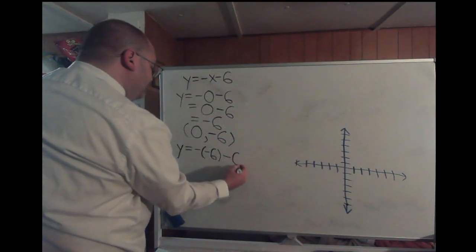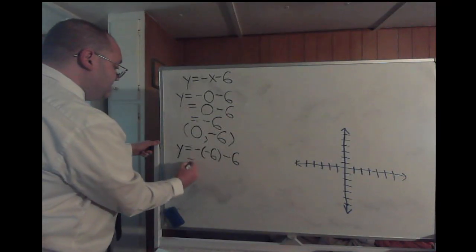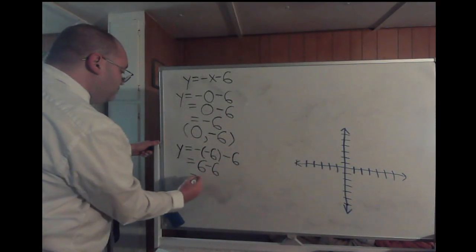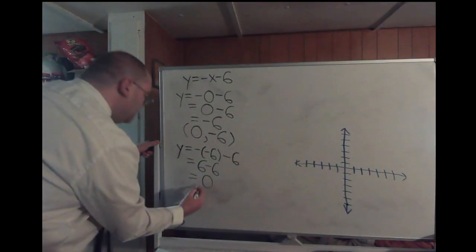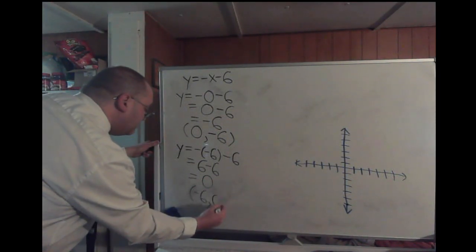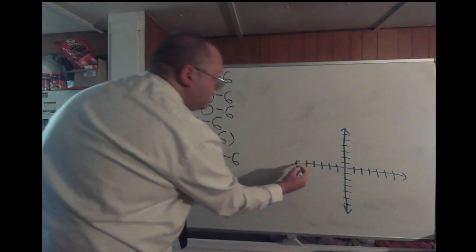You'll have negative of negative 6 minus 6. Well, negative of negative 6 is positive 6. That'd just be 6 minus 6, which would be equal to 0. So when x is equal to negative 6, y is equal to 0. So we'll plot that point right here.